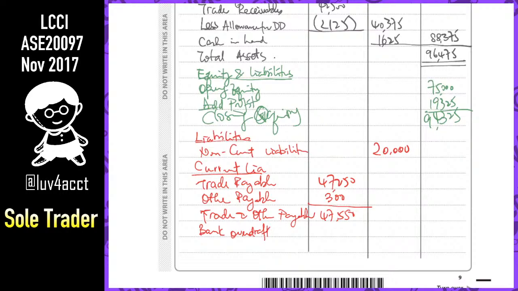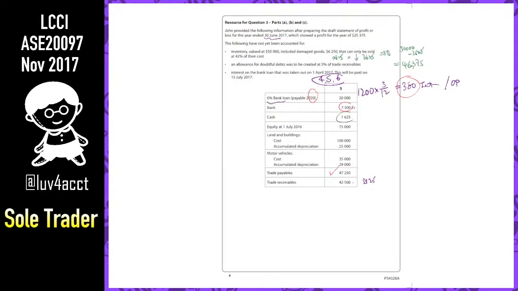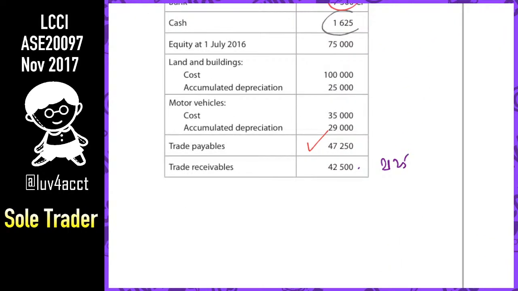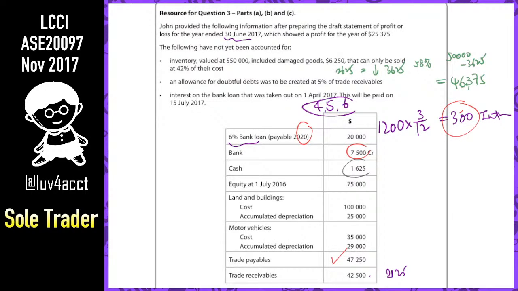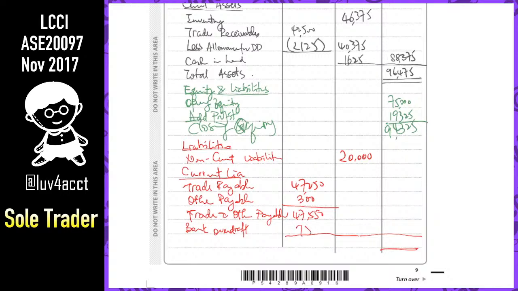I think that's it, and we can calculate whether it is balanced or not. Okay, so bank overdraft 7,500.